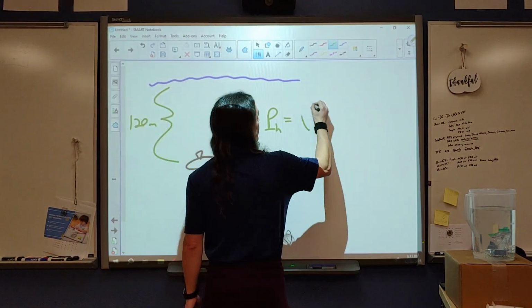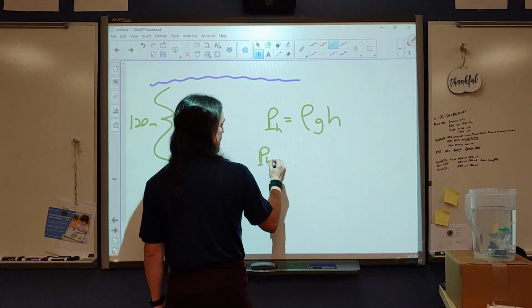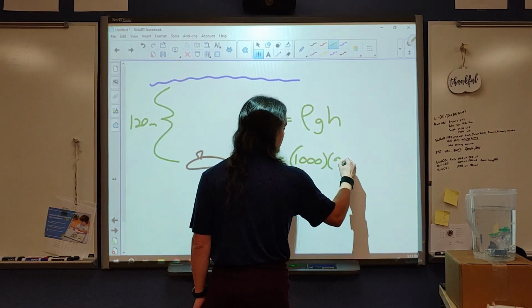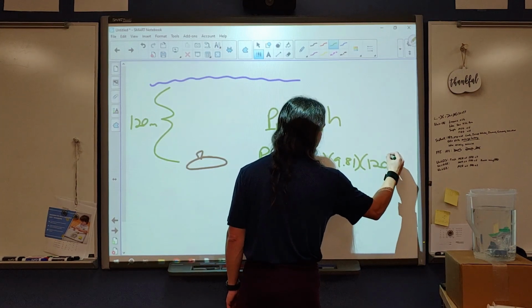In this case, rho g h. We've got rho equals 1,000 kilograms per cubic meter, g is 9.81, or 10, honestly, for the scale that we're doing, and h is 120 meters.